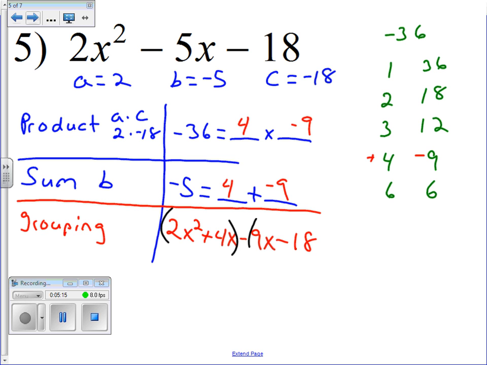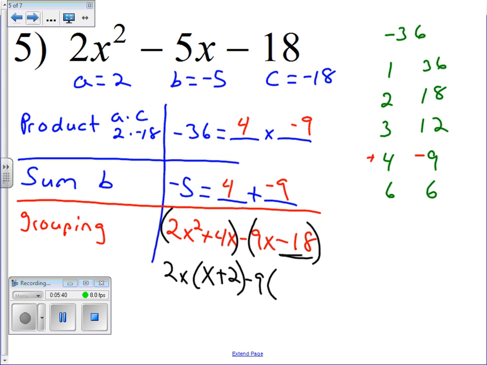Now I'm going to do the grouping. I do 2x out, you get 2x and x plus 2. Now for this, I want a plus 2 here. So I'm going to factor out a negative 9.